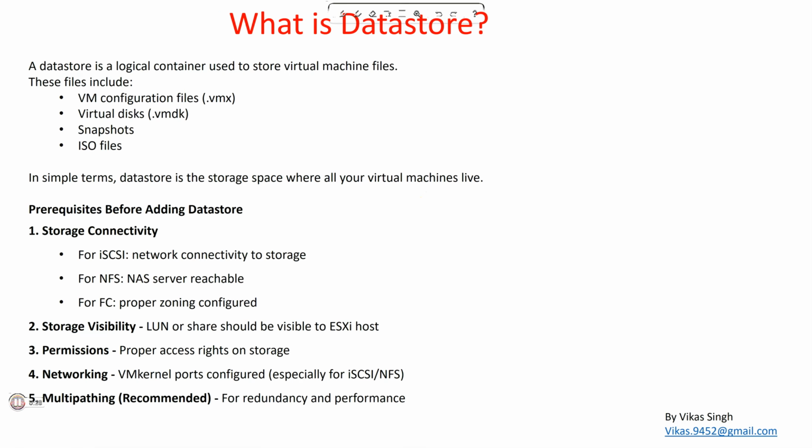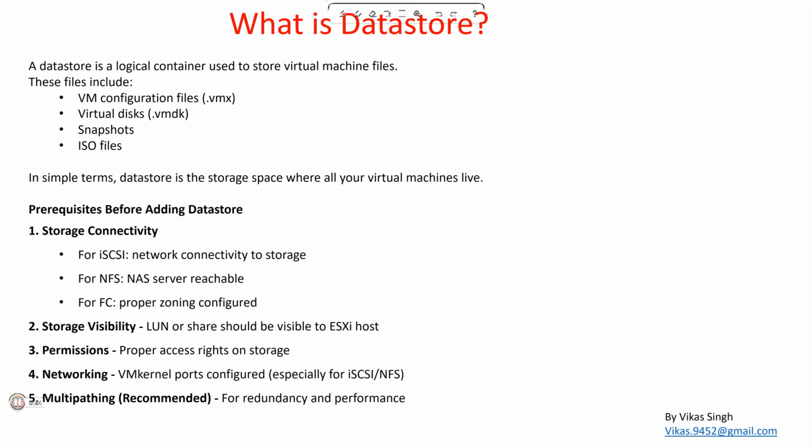Before we jump into the lab, let's first understand what exactly a data store is. A data store is a logical storage container used in a VMware environment to store all your virtual machine files. These include the virtual machine configuration file, also known as the VMX file, the virtual hard disk, which is the VMDK file, snapshots of the virtual machine, ISO files, and templates for the operating system.